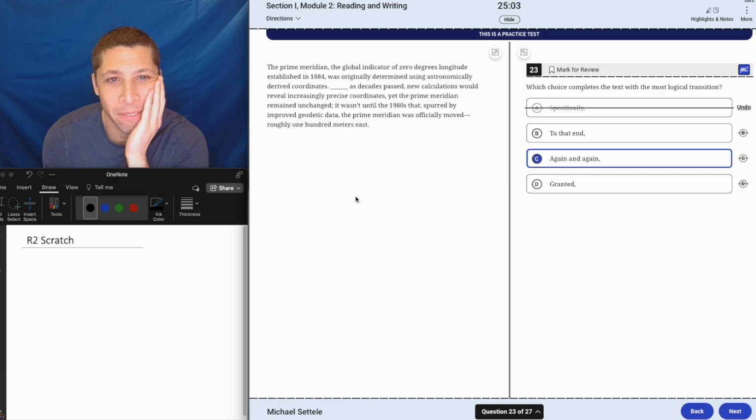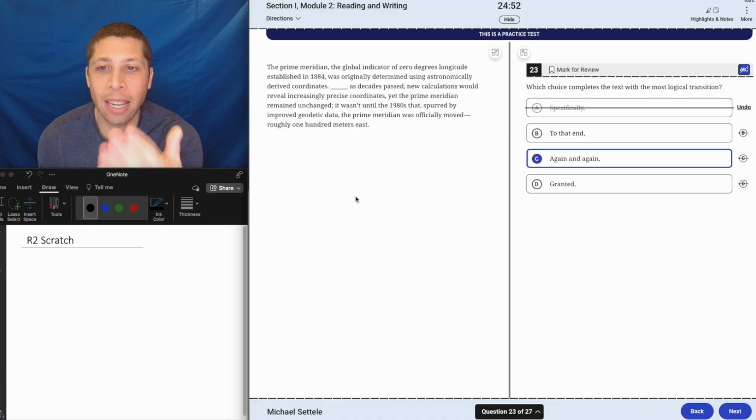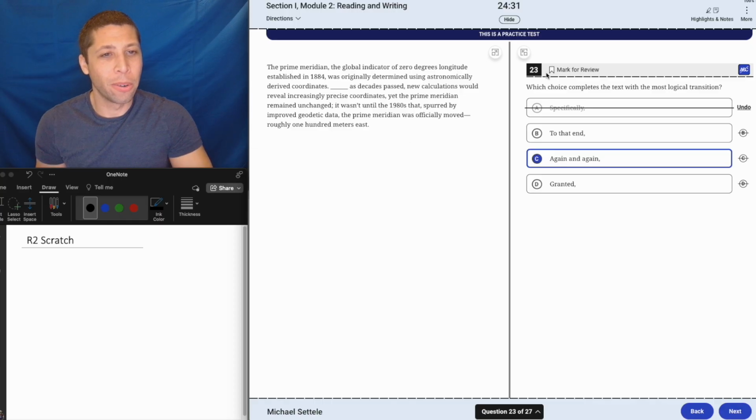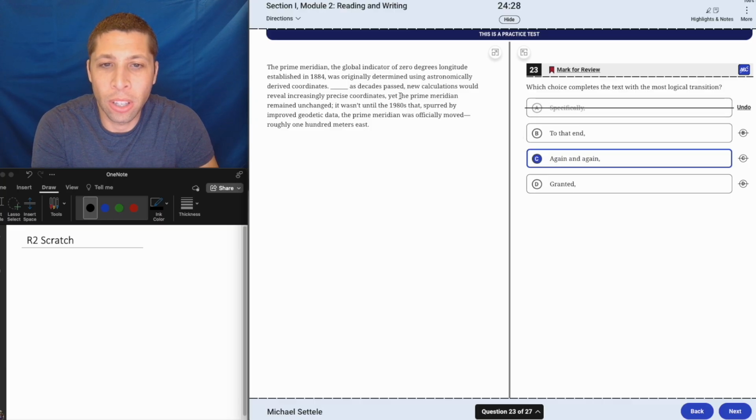"To that end" would be like, for this purpose, meaning for achieving that goal. But what's the goal there? To that end, as decades passed, new calculations would reveal increasingly precise coordinates, yet the prime meridian remained unchanged. I don't know. Because it's unchanged, it was originally determined.